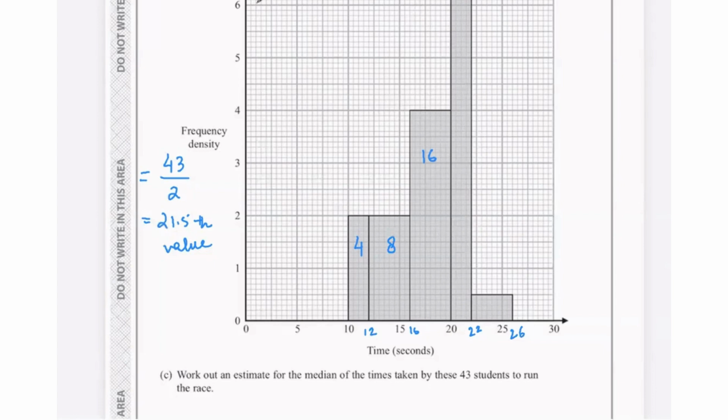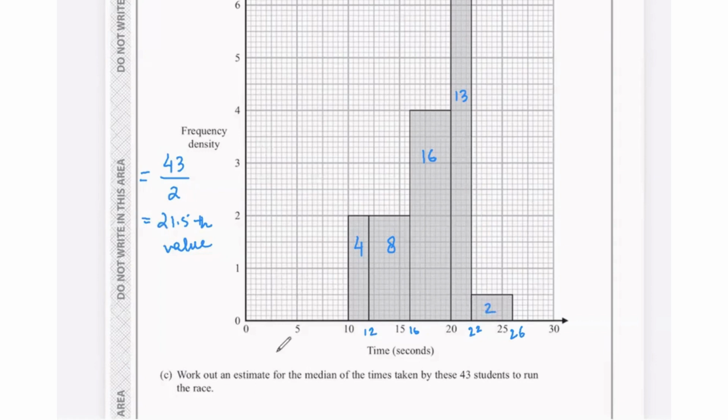So 6.5 times 2, and that's going to give us 13. The frequency for this interval is 13. And for 22 to 26, the frequency density is 0.5. So 0.5 times 4, that's going to be 2. So these are the frequencies for these class intervals.